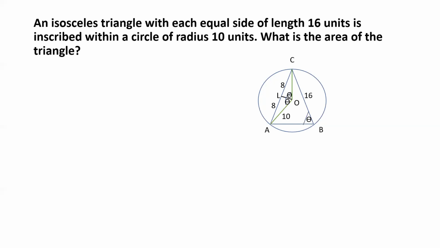So angle AOC is 2 theta, because angles AOL and LOC are each theta. Then angle ABC will be theta, half of angle AOC. Why is that? There's a theorem which states that the angle subtended at the circumference by an arc of a circle is half the angle subtended by the same arc at the center.